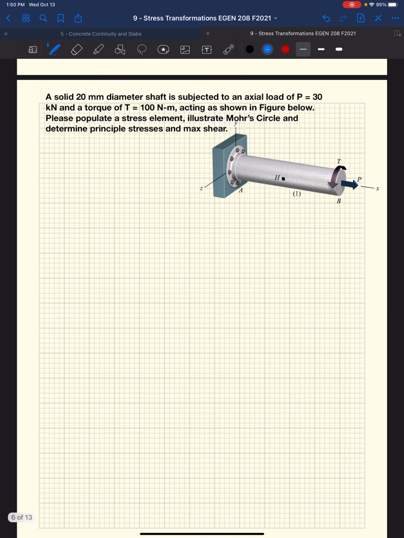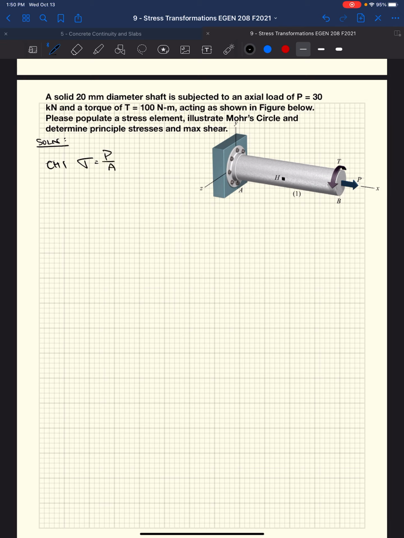Okay. Well, let's do the solution. Well, if we go back to our definition of stress, force over an area.